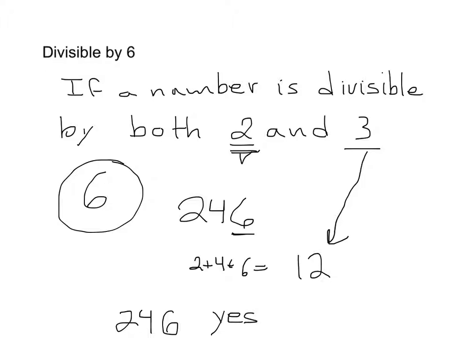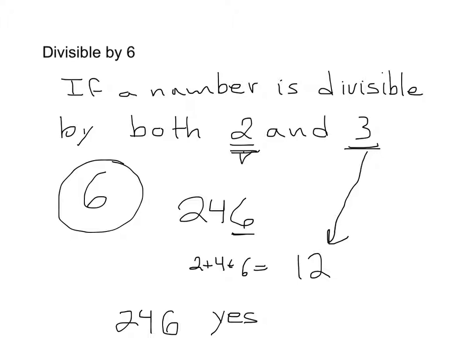So remember, when you're looking at the divisibility rule for 6, it has to be divisible by 2, and it has to be divisible by 3. Remember, the divisibility rule for 2 is if the last digit in the number is even, 0, 2, 4, 6, or 8, then it's automatically divisible by 2.